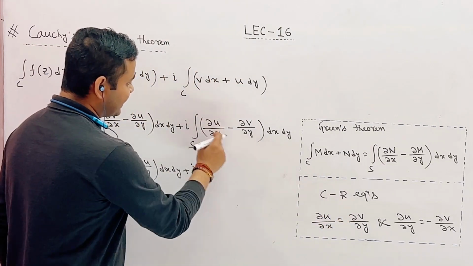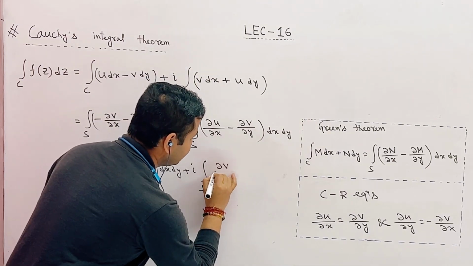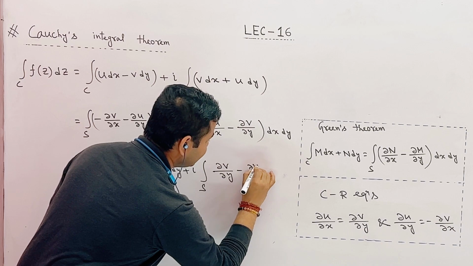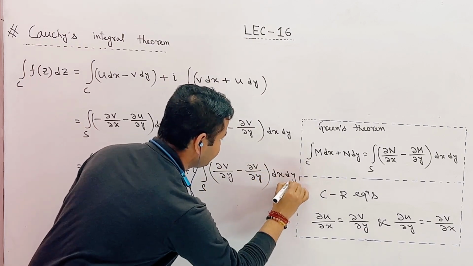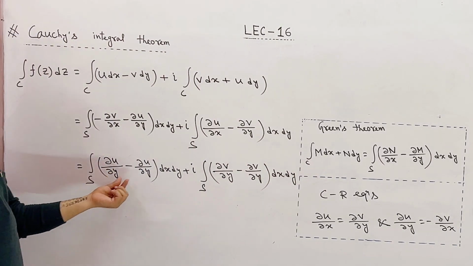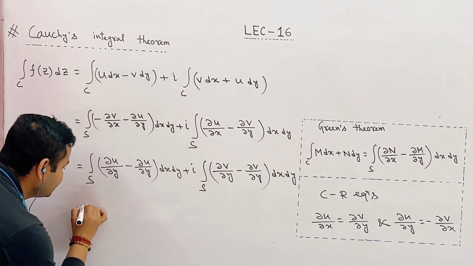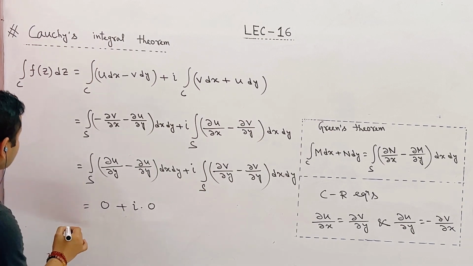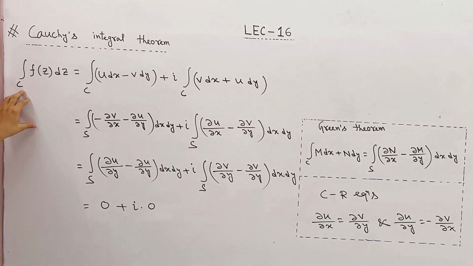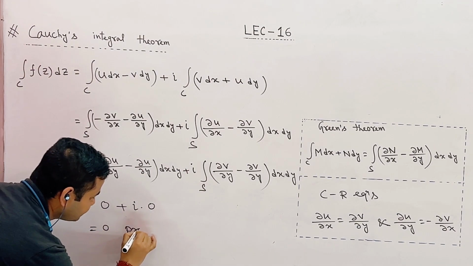So replacing del u by del x by del v by del y, del v by del y minus del v by del y into dx dy. Del u by del y minus del u by del y is 0, and 0 into something is 0. So ultimately we will get 0 plus iota into 0. So the value of this integration along closed curve C f of z dz will be equal to 0, hence proved.